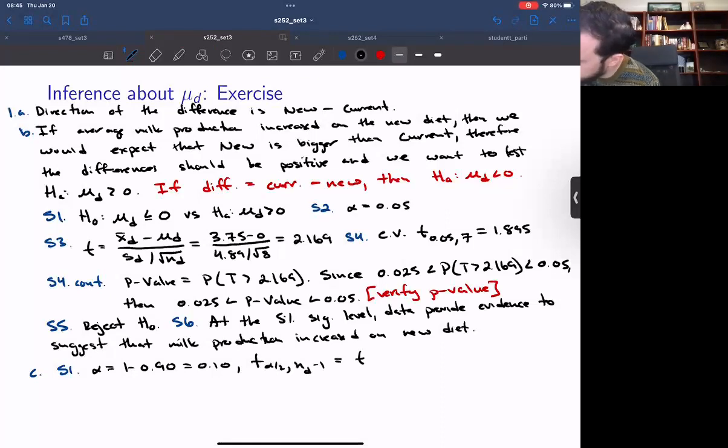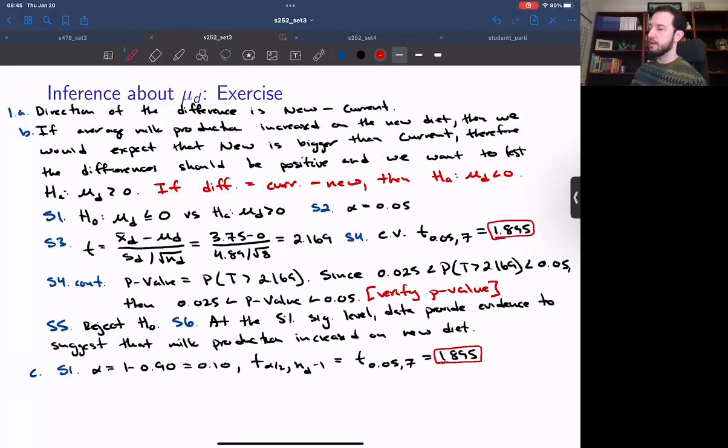This is going to be t 0.05 with 7 degrees of freedom, which is 1.895. Okay, so notice that we have the same critical value in both the confidence interval and the hypothesis test.